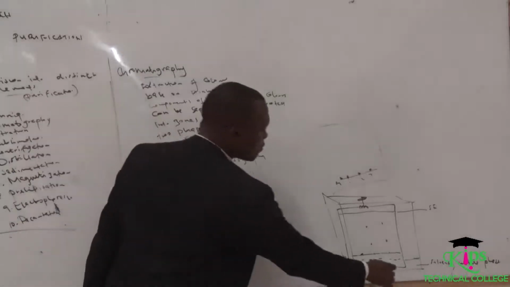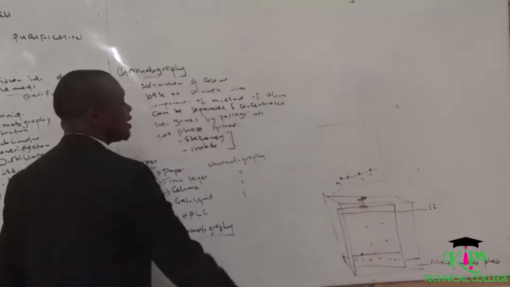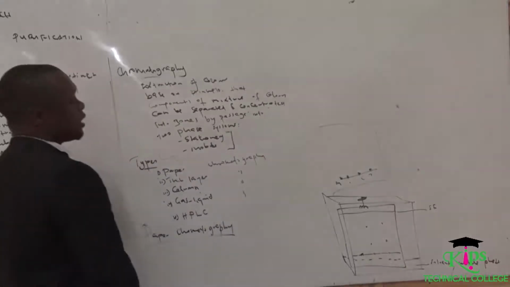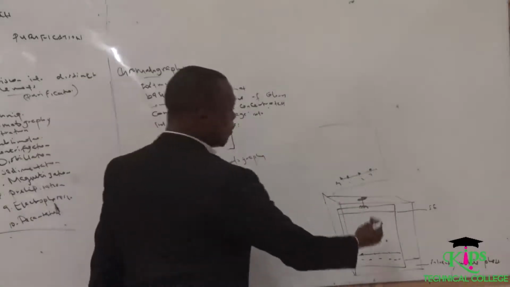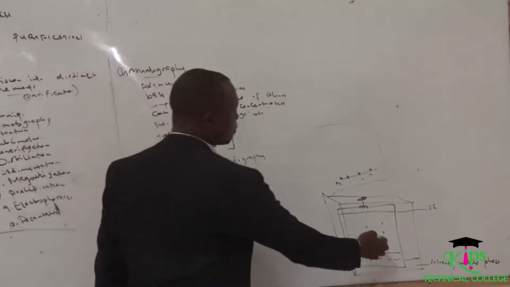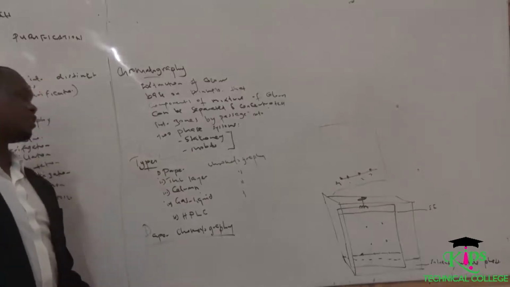As the solvent moves along the paper, it is going to carry along with it the color components in these three pens. And then the colors in these three pens are going to be placed at different points because each of them moves at different rates.